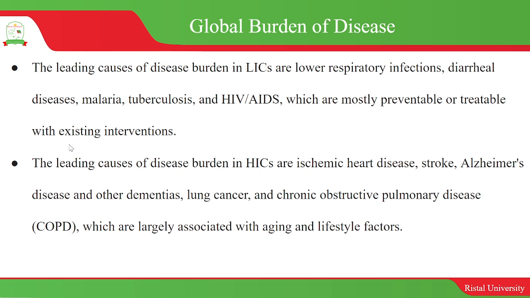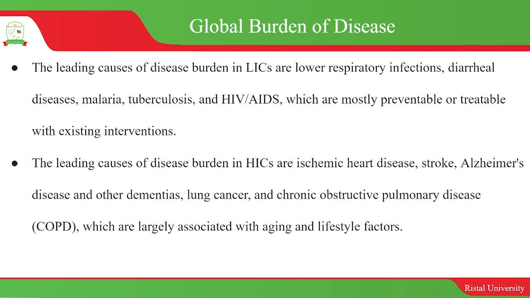Okay, so the leading causes of death or the leading diseases in low income countries: lower respiratory infections, diarrheal conditions, malaria, tuberculosis, and HIV. You should be knowing this. Okay, for example, these are the leading conditions even in South Sudan.